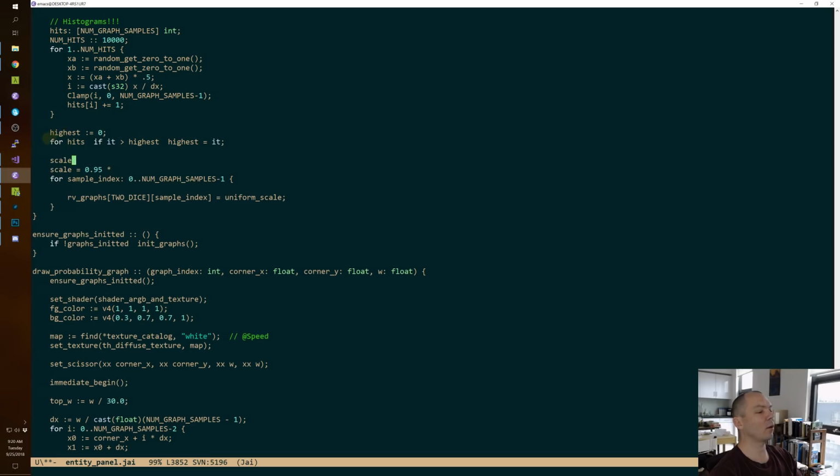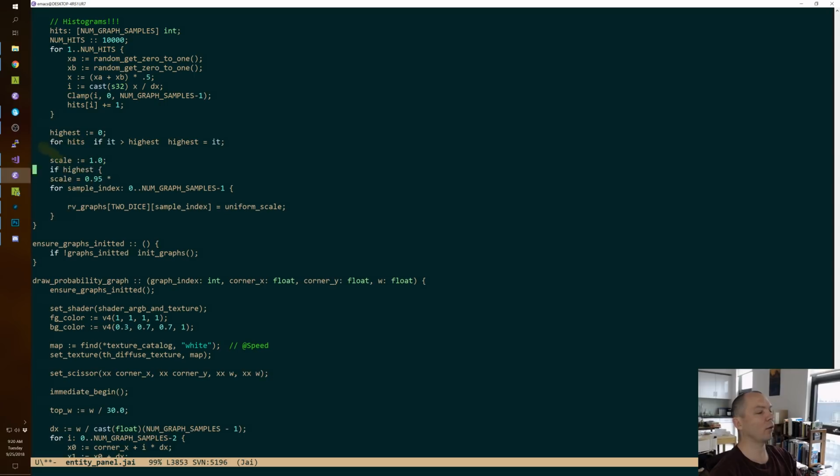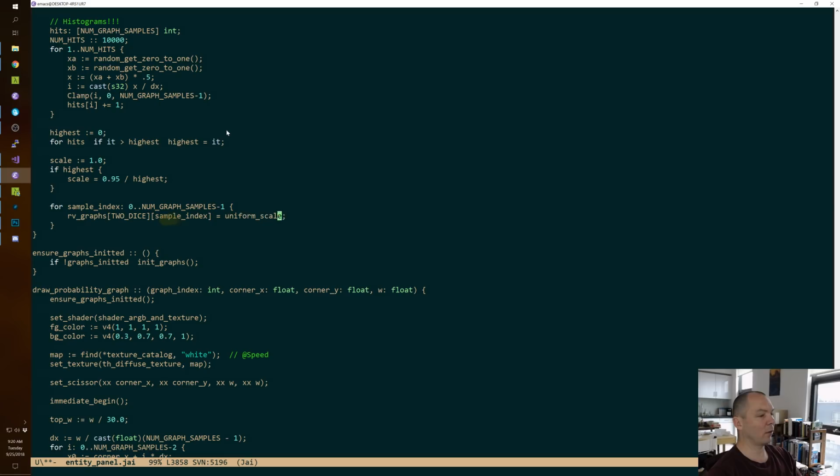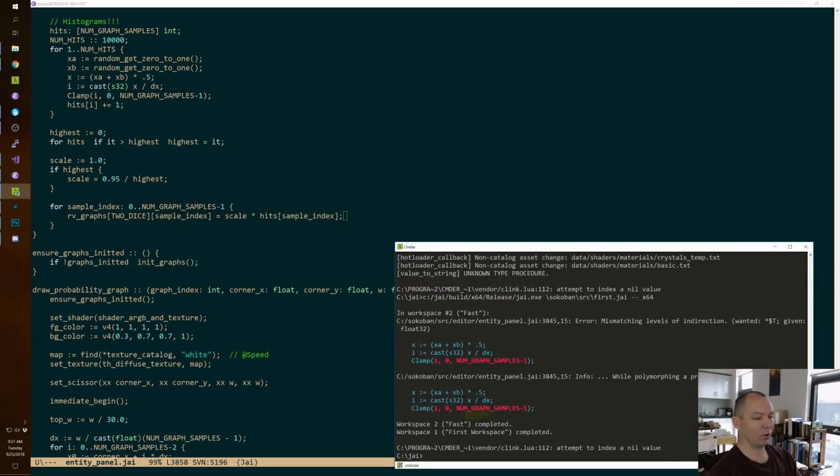Actually, let's say scale is 1.0 if highest is 0. If we somehow have 0, we don't want to divide by 0. Otherwise, scale is 0.95 over highest, right? So highest will map to 0.95, and anything proportionally less than highest will map to less. And then 2 dice sub sample index equals scale times hits sample index, right? There's our histogrammification.